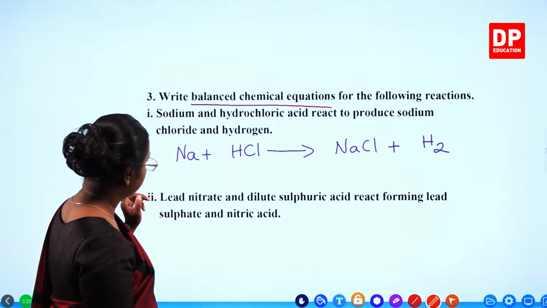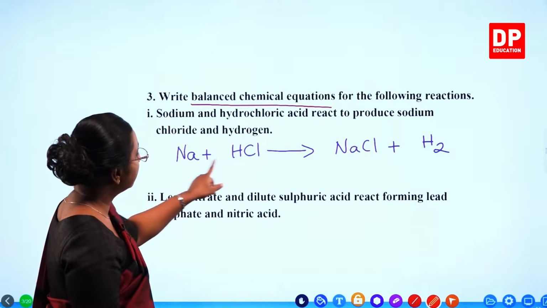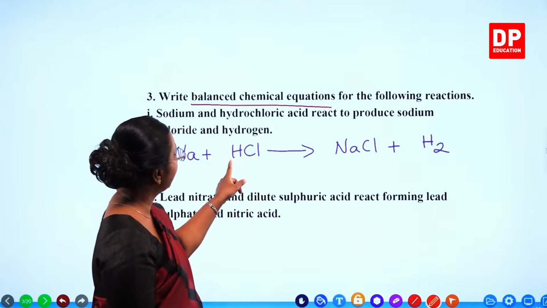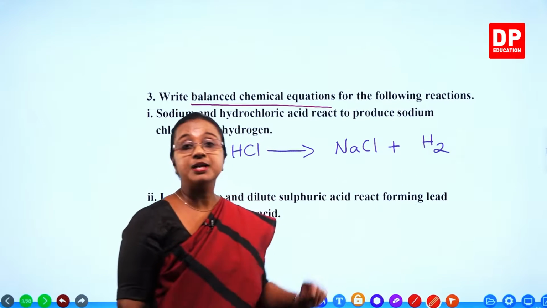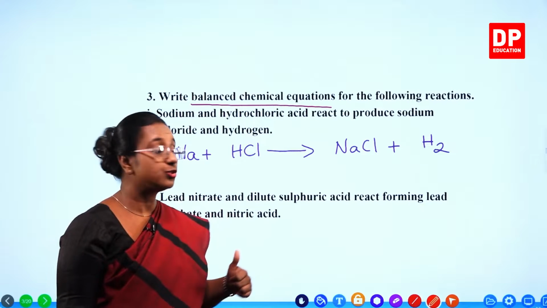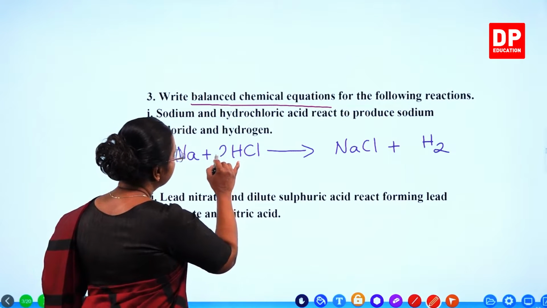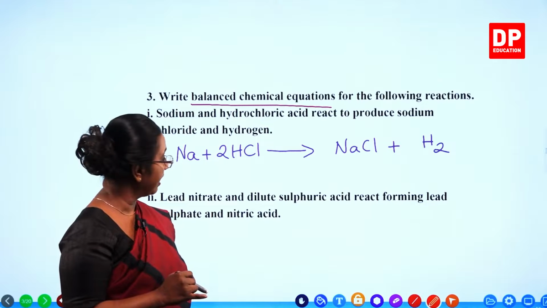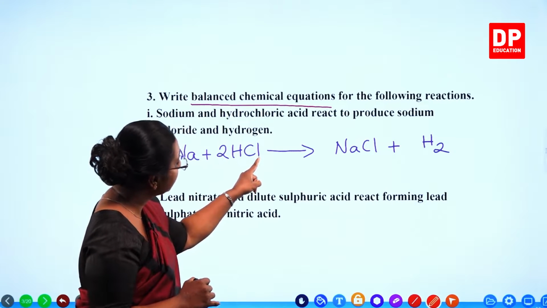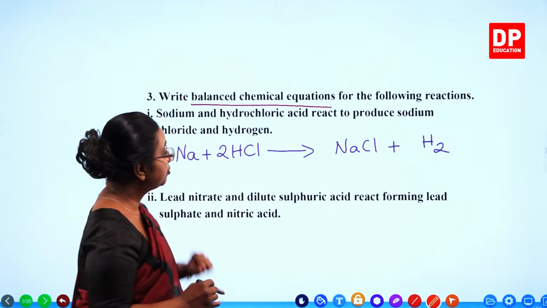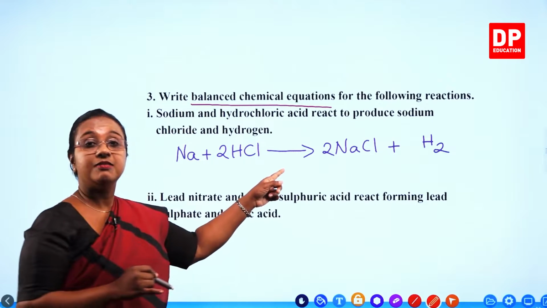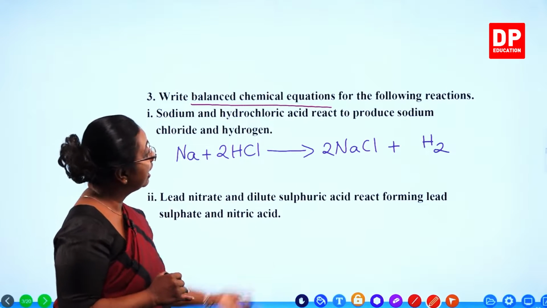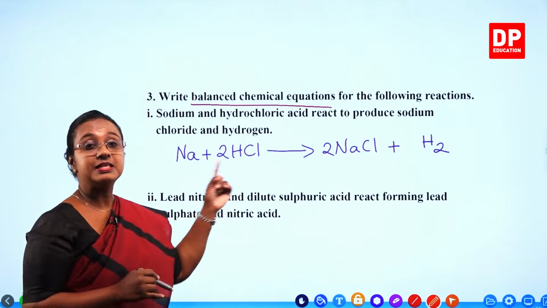Look at the reaction, students. Sodium, correct. HCl, one hydrogen, one chlorine. But here you have one chlorine but two hydrogens. So that has to be balanced. We need to put the coefficient 2 here in front. Then again, chlorine becomes 2. So to balance that, we need to put 2 as the coefficient here in front of sodium chloride. Again, we need to balance sodium.